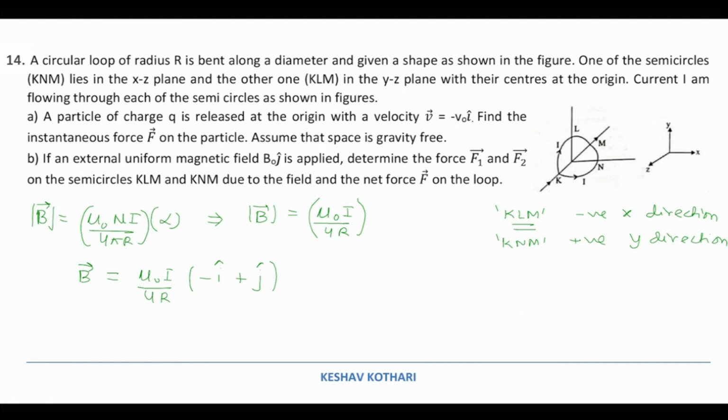Now the question is saying that a particle of charge q is released at the origin with velocity minus v naught i cap.